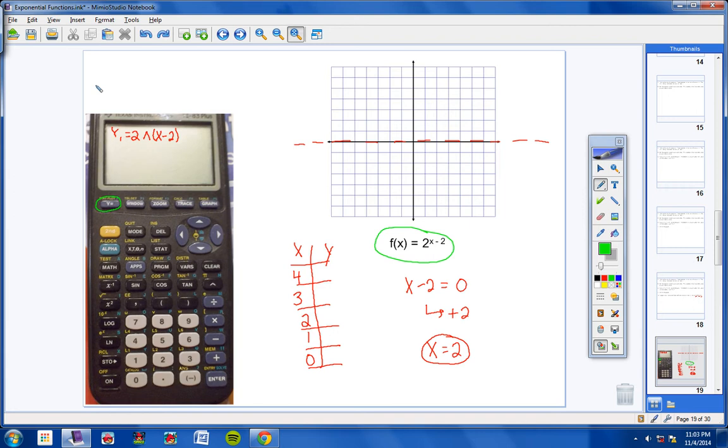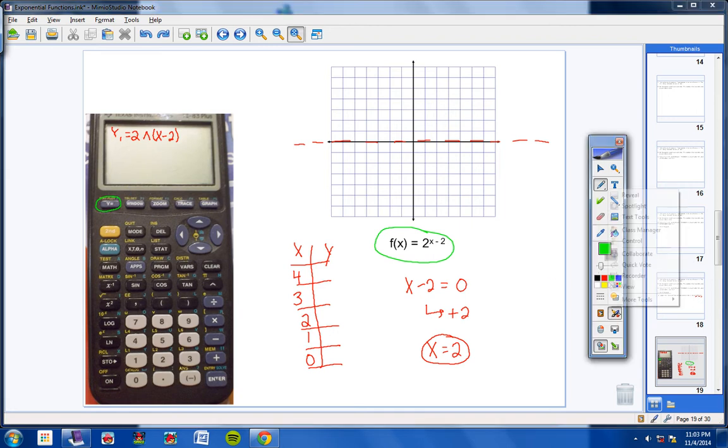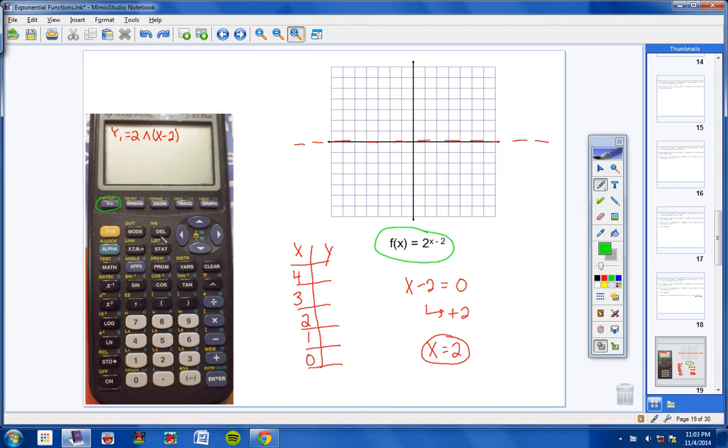Okay, now, if you're getting some really weird numbers out, do this, okay? Push second, and then right here above the window button, it should say in yellow, table set. So push second, and then push this button. Now, when you do that, here's what you should see. You should see table setup right here.